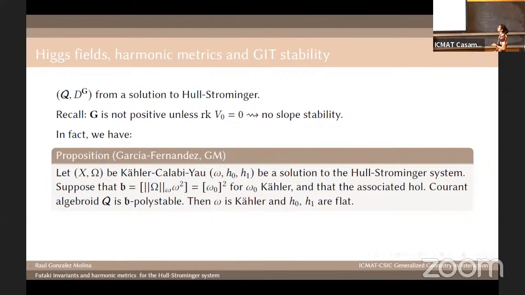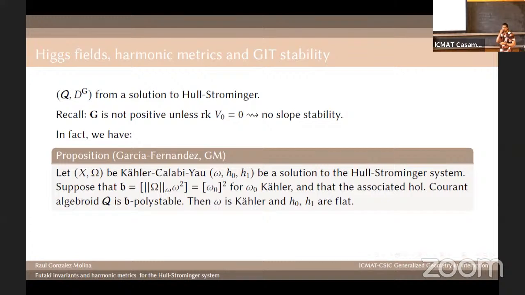So we assume that our manifold is Kähler Calabi-Yau, okay, and we have a solution to the Hull-Strominger system. Suppose further that the balanced class associated to my solution is the square of a Kähler class. In this situation, I suppose that I can use a standard slope stability. So if I assume that my holomorphic current algebroid is polystable with respect to this class, then I have a rigidity result, namely that the metric of my solution is Kähler and the Hermitian metrics are flat.